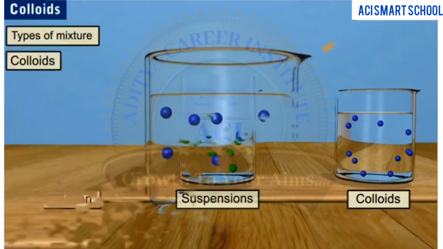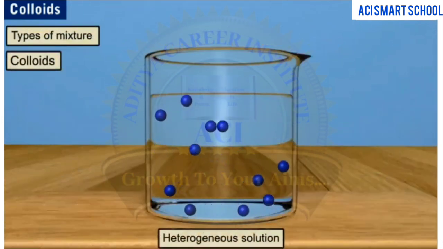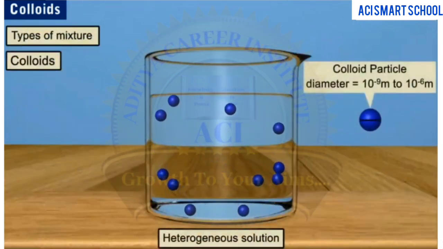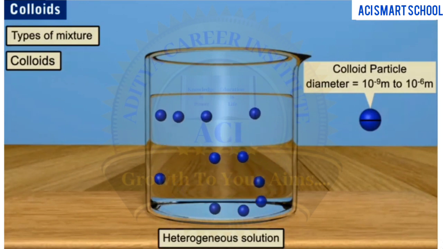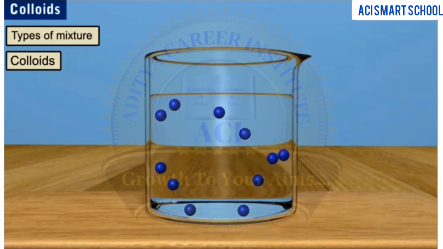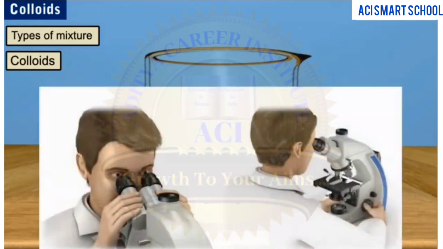Therefore, a colloid is a heterogeneous solution in which the particle size ranges from 10 to the power minus 9 to 10 to the power minus 6 meters. These particles are not visible to the naked eye but can be seen under a microscope.